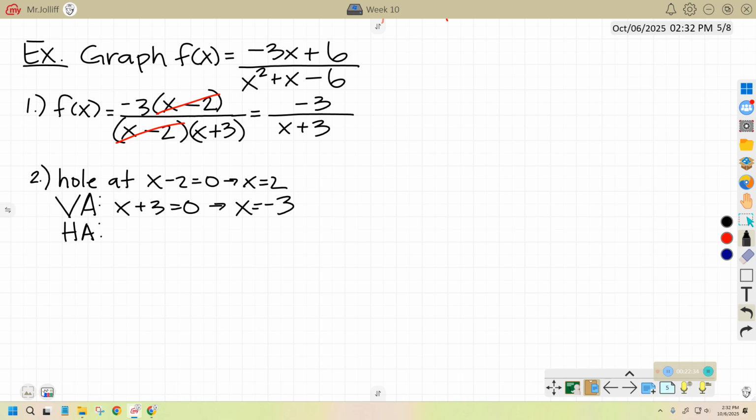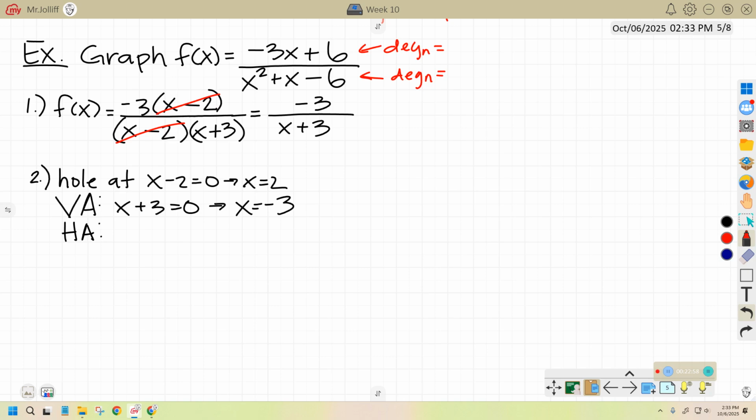For horizontal asymptote, Julie is correct. We need to look at the degree back in the original function of numerator and denominator. So for the degree of the numerator, degree of the denominator. Megan, what is the degree of the numerator? 1.